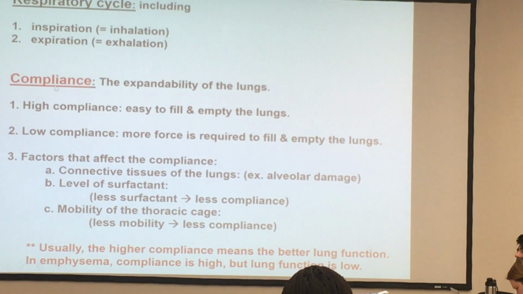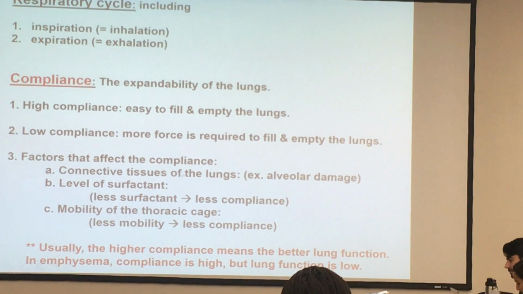Okay. Compliance. You have to follow something we call compliance. This is the term for the lung, meaning how easily the lung can increase in size. Usually high compliance means easy air in and out, so that means good lung function. Low compliance means difficult, right?